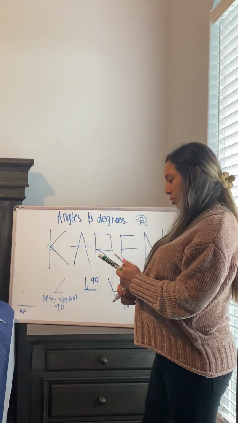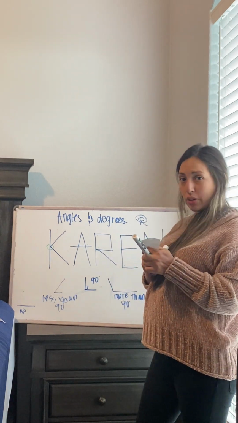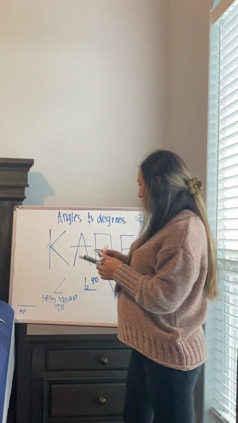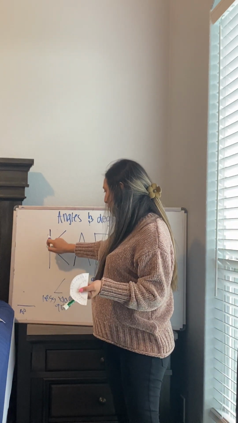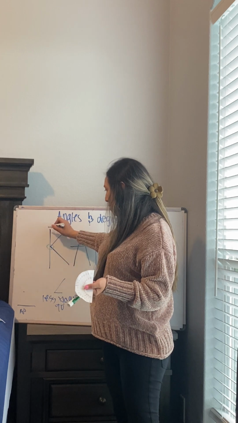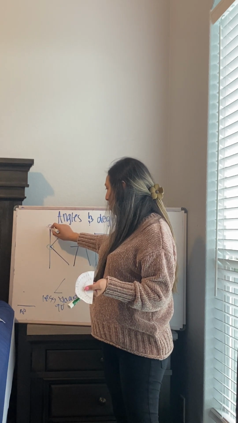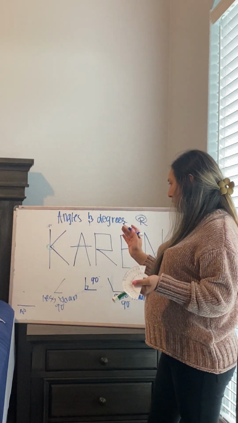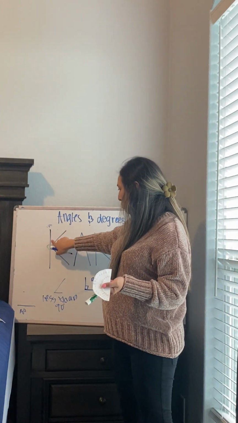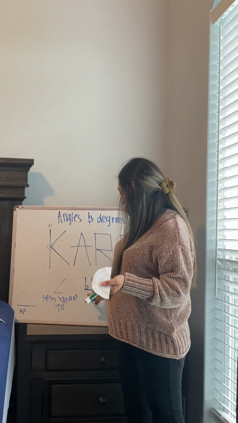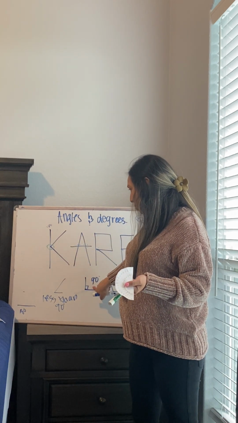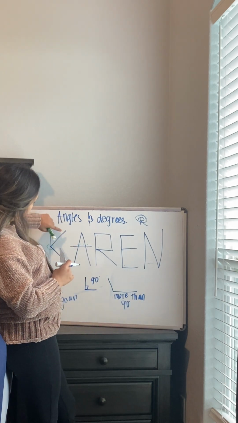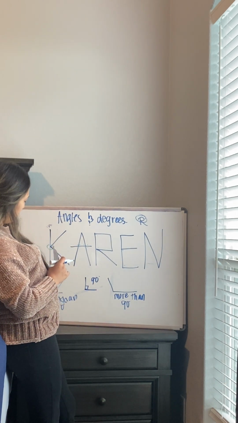Okay. So with your protractors, we are all going to measure these. So you can look at this straight line and know that that's 180. This one right here, if you look at it sideways, this first one right here, it does not look like a 90-degree angle. It looks like this.